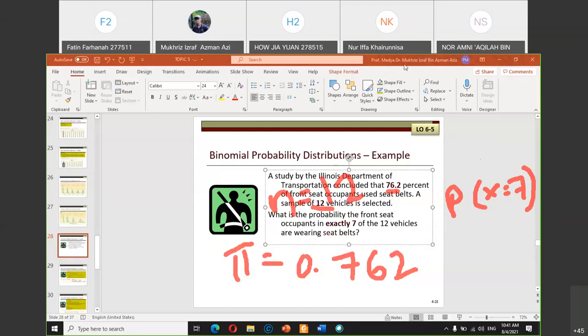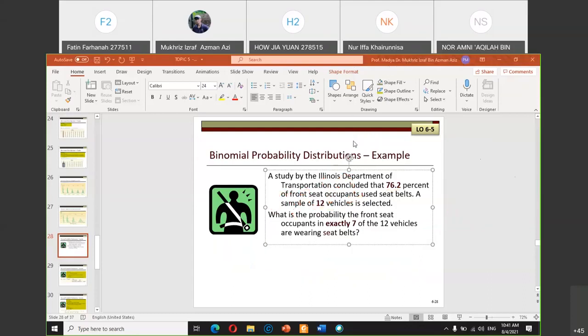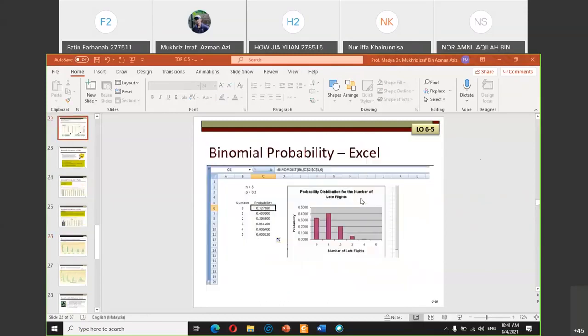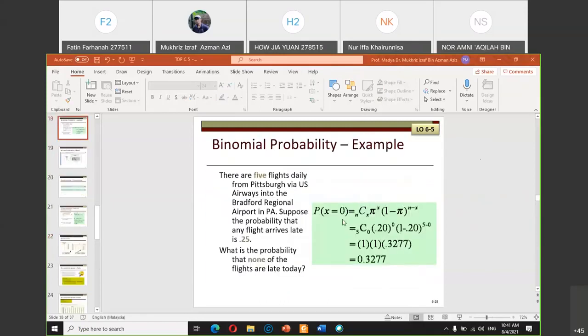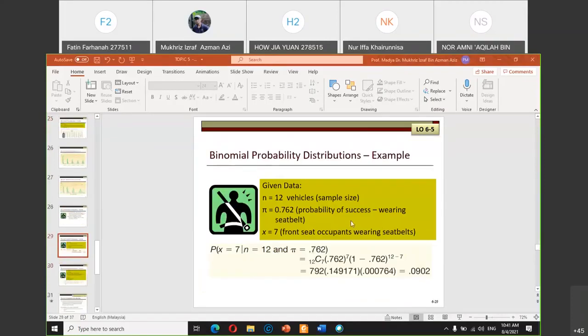So you only need these three pieces of information: the pi value, the n, and the x value, because from the formula just now, nCx, you need n, the number of trials, x, the value you are referring to, and also the pi value. Using the formula, when P(x) equals 7, you get the value 0.0902.